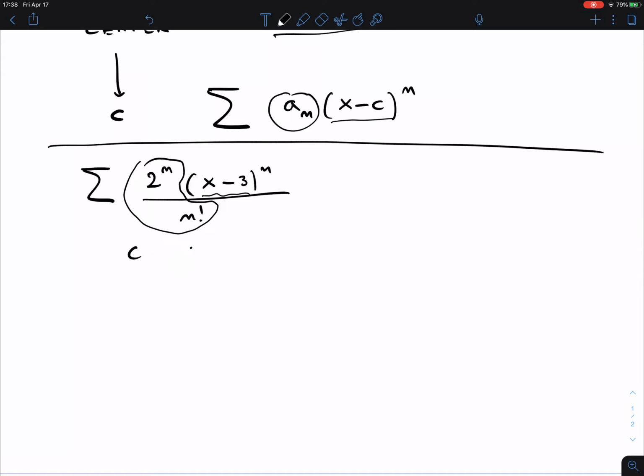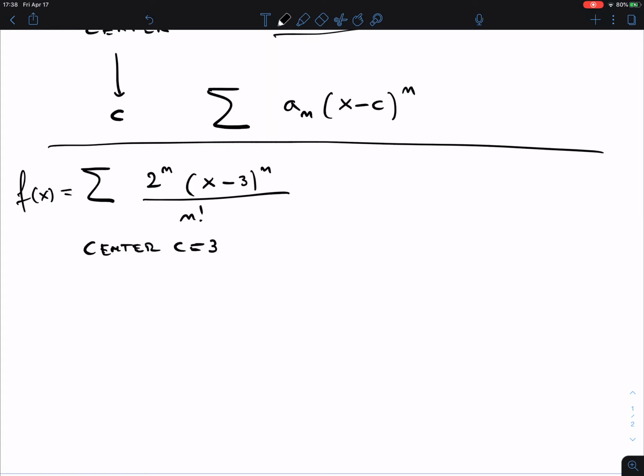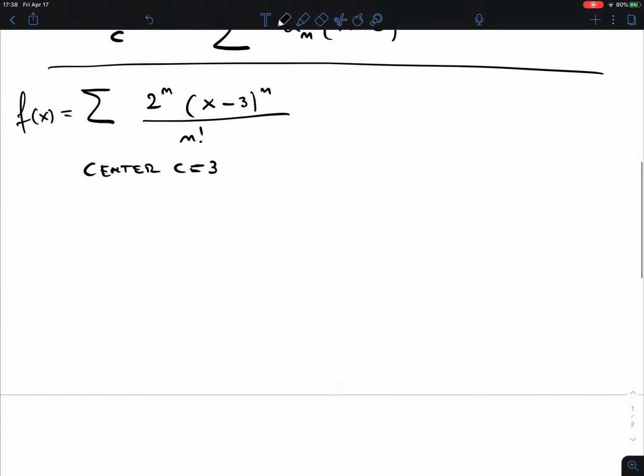Whenever you get a series, the first thing you do is determine the center, which is very easy. And now we ask, for which values of x do we get a convergent series, and for which do we get a divergent one? In other words, what's the domain of this function? We think of this as f(x), a function. How do we do this?